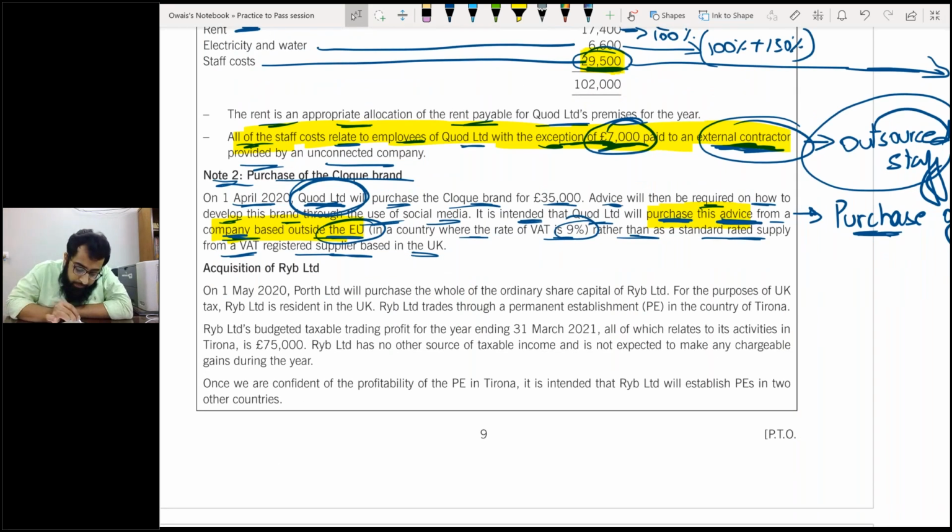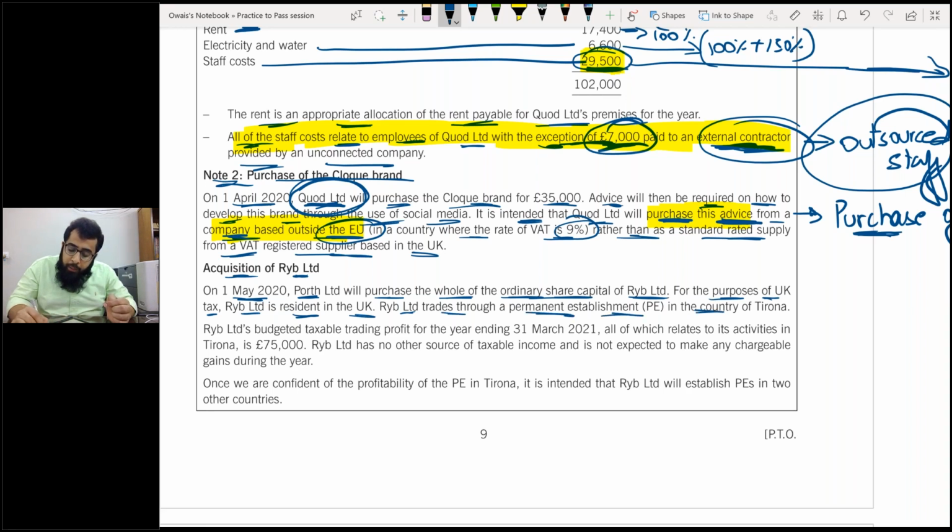Acquisition of RIBE Limited. On 1st May 2020, Port Limited will purchase the whole of the share capital of RIBE Limited. For the purpose of UK tax, RIBE Limited is resident in UK. RIBE Limited trades through a permanent establishment in the country of Tirona. RIBE Limited budgeted taxable profit for the year 2021, which relates to its activities in Tirona, is £75,000.